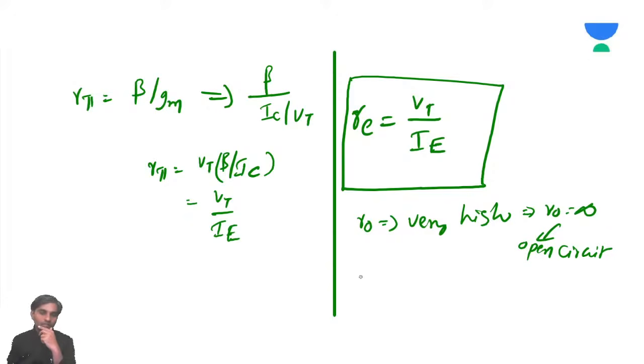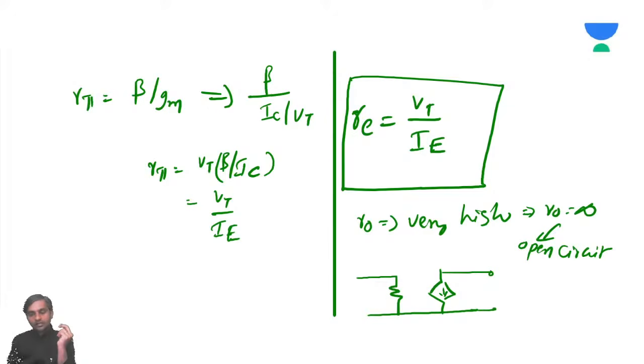So the other equivalent model, the RE model, is going to be: you have RE, and again you will have this is neglected. This is going to be base, this is going to be emitter, this is going to be collector. This is also emitter.